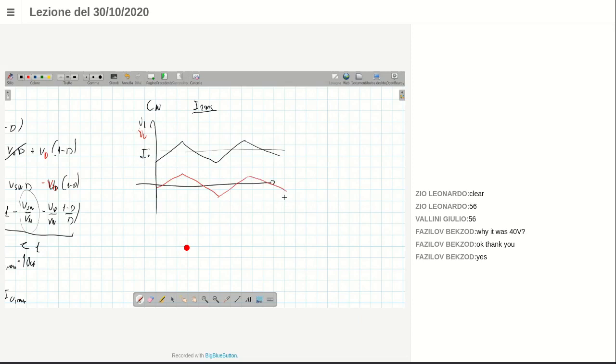So the current flowing through the capacitor is a triangular waveform shape, and its RMS value is equal to the peak-to-peak ripple delta IL that we have calculated before, divided by the square root of 12.